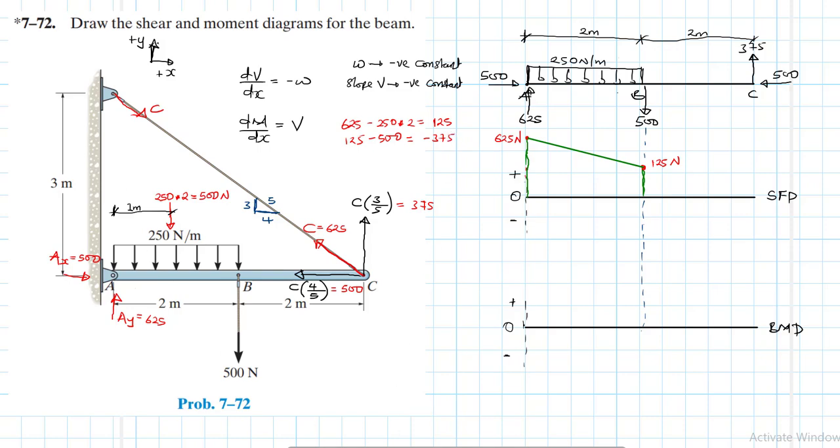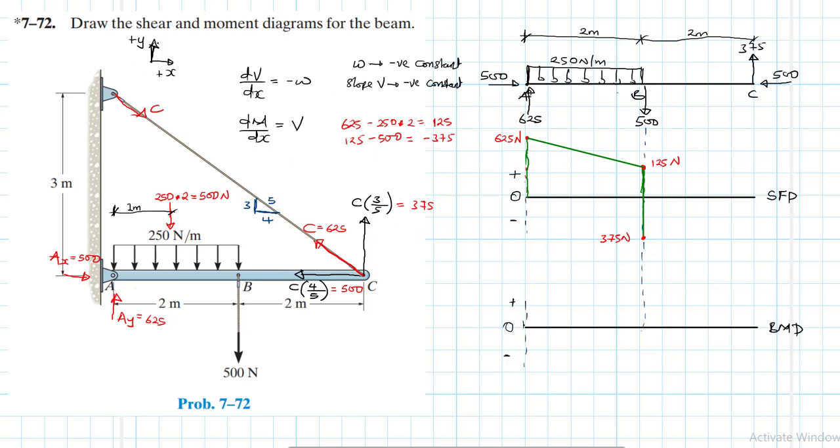So let's draw a line. We expect a further reduction from this point, up to somewhere there. Let's say this is our 375.